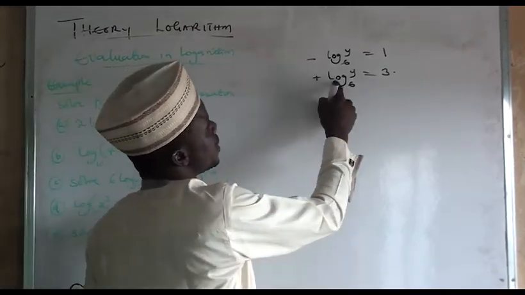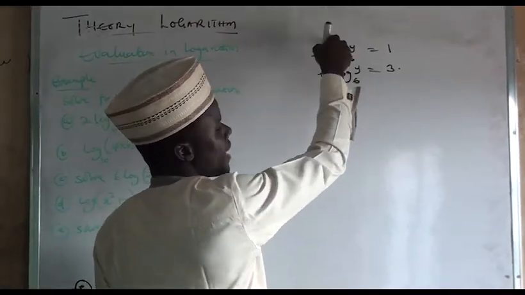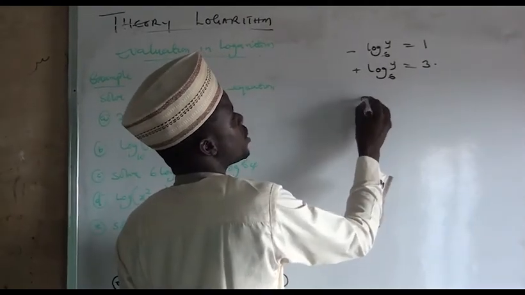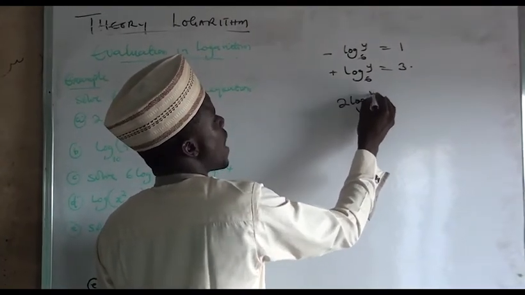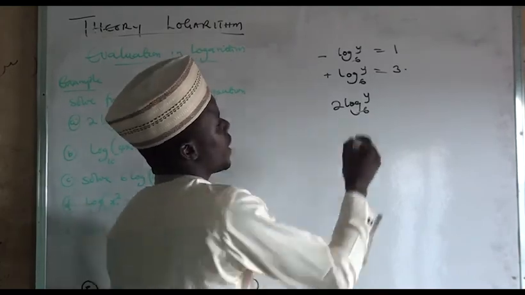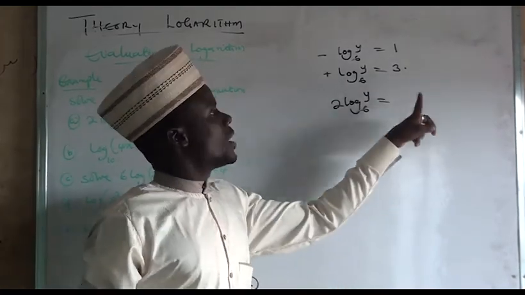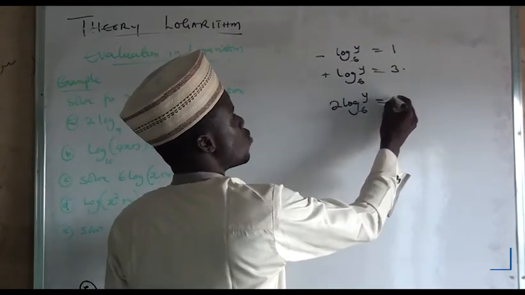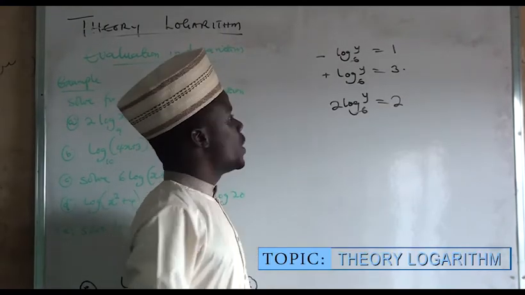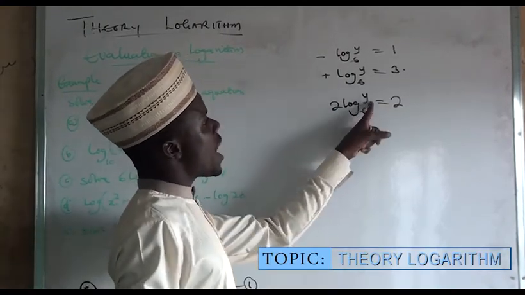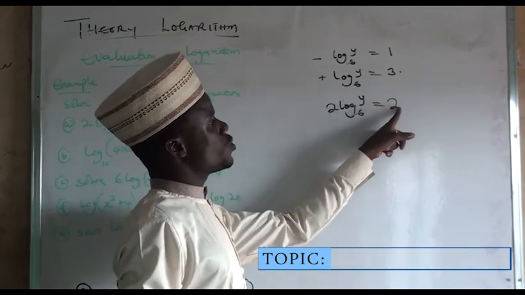So here, log y base 6 minus minus log y base 6 is going to be 2 log y base 6, equal to 3 minus 1, which is equal to 2. So here we have 2 log y base 6 equals 2.